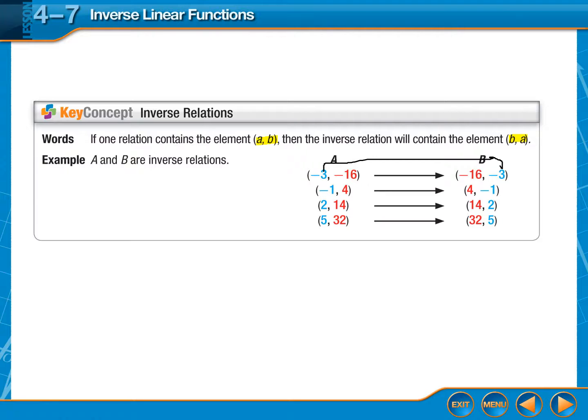I'm going to do that for each of the following points also. -1, 4 becomes 4, -1. 2, 14 becomes 14, 2. 5, 32 becomes 32, 5.